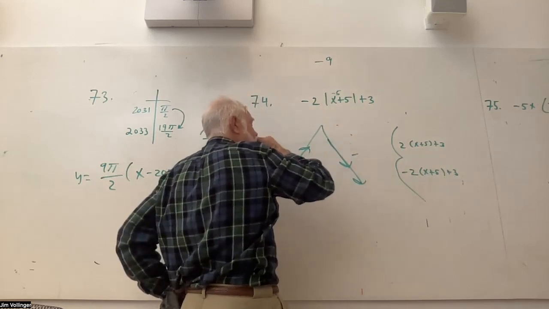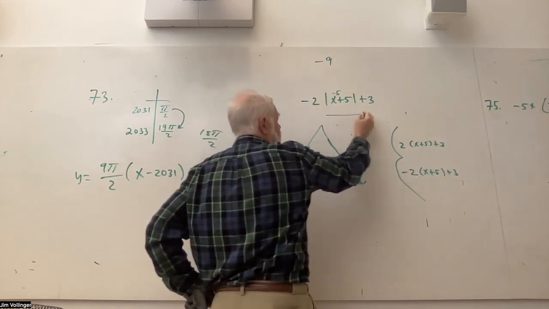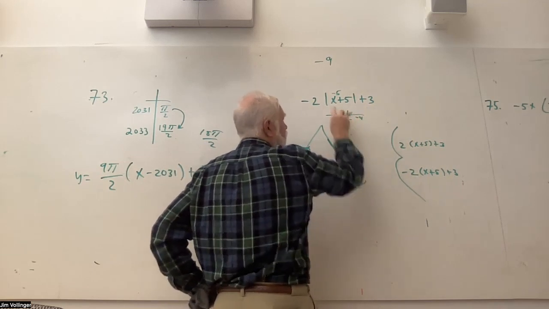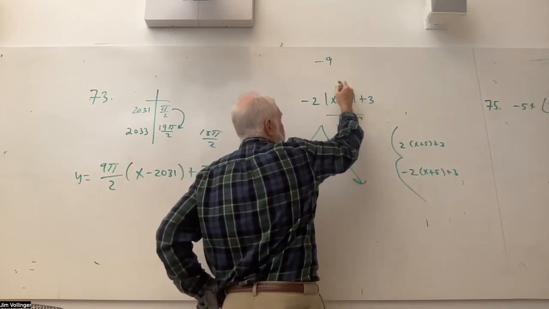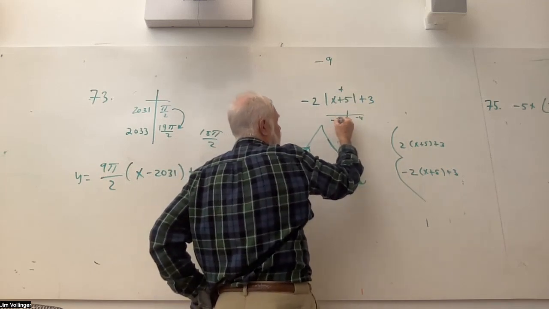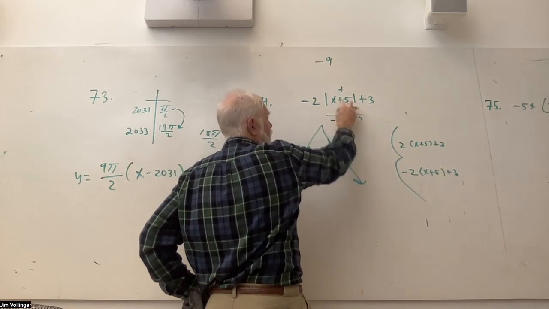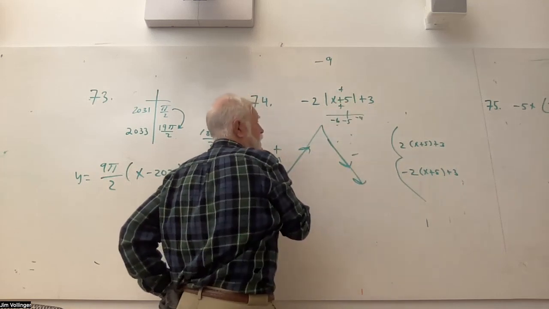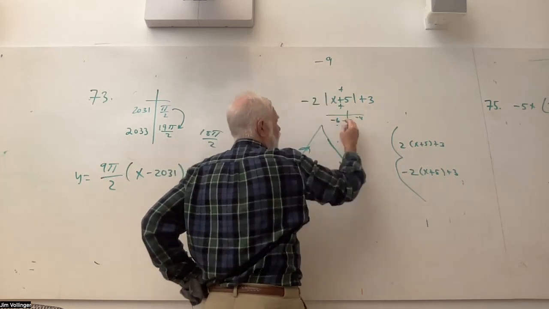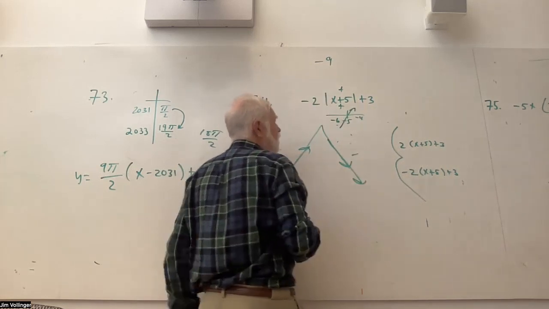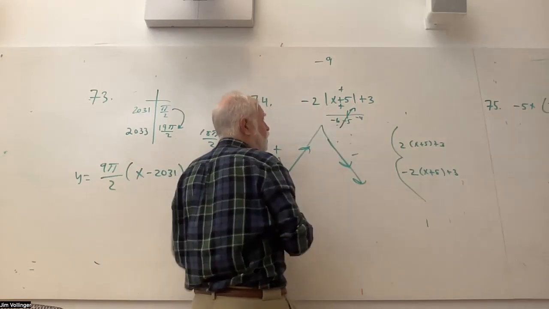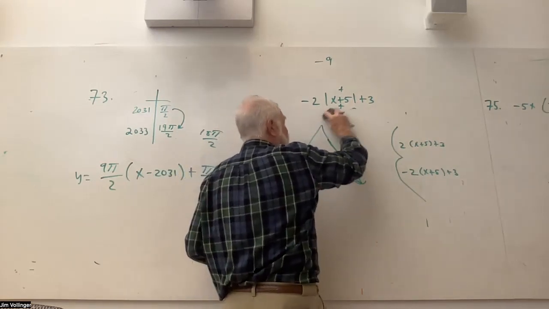Negative 5 is critical. Because if I put a number bigger than negative 5, like negative 4, this is positive. And if I even put a number smaller than negative 5, negative 6, gets me negative 1, it's still positive. So even though, if we didn't have the absolute value symbol, x plus 5 crosses the x-axis at negative 5 and changes signs, the absolute value prevents it from changing signs.